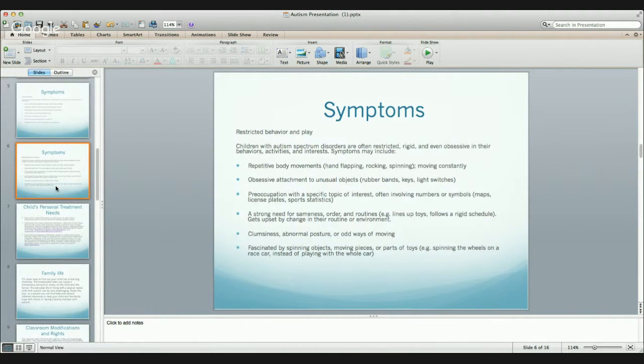Symptoms may include repetitive body movements, hand flapping, rocking, spinning, obsessive attachments to unusual objects, rubber bands, keys, light switches, preoccupied with specific topics of interest, a strong need for sameness, order, and routine, lining up toys, following a rigid schedule, getting upset at changes in their routine, clumsiness, abnormal posture, fascinated by spinning objects, moving pieces, parts of toys, wheels, race car wheels instead of playing with the whole car.